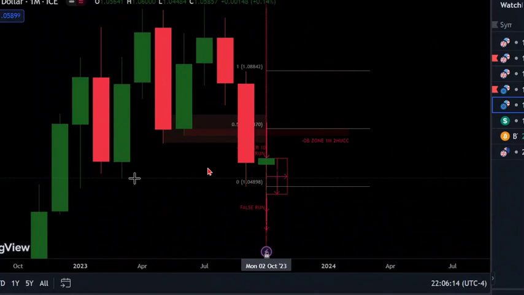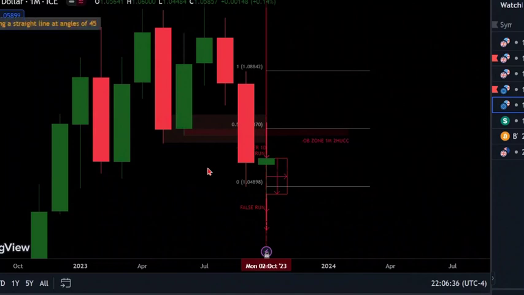Yeah. So either you can put a line on there to say 50% or mean threshold, or consequent encroachment. Would that be mean threshold or consequent encroachment? Mean threshold, I guess we could say, even though it's not an order block. I guess what you can do is look where you put the bearish order block.